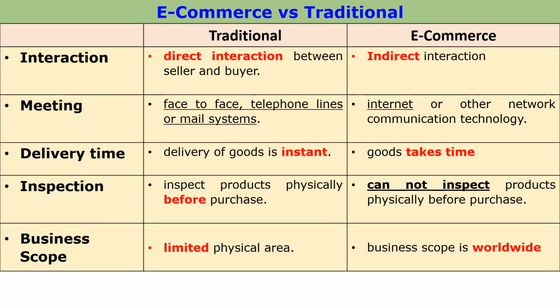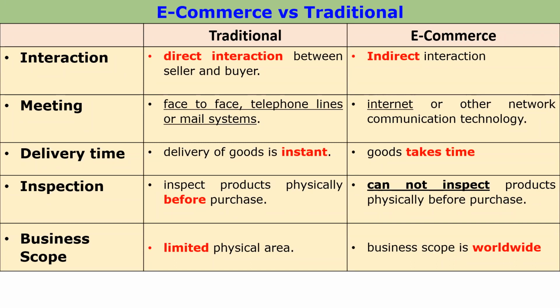Then inspection, another feature you want to compare with the traditional method. With the traditional method, you can do the inspection immediately before buying the product. But it is very difficult to do a physical inspection under e-commerce.